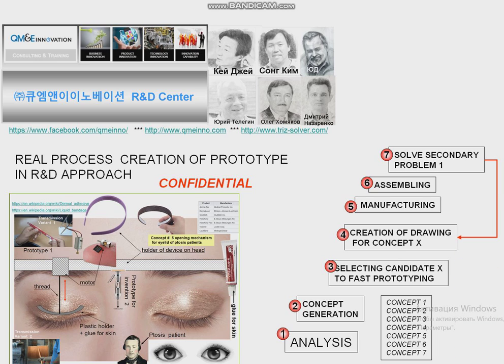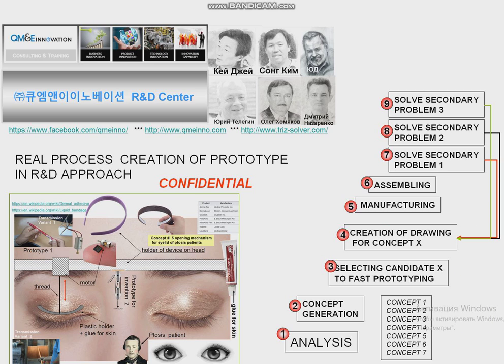Commonly, after we solve secondary problem 1, we return to step number 4, change the drawings, and continue manufacturing, assembling, checking. After this, we will obligatorily obtain secondary problem number 2. And again we will repeat several steps, 4, 5, 6. After this, we will obligatorily obtain secondary problem number 3, and again repeat 4, 5, 6, assembling.